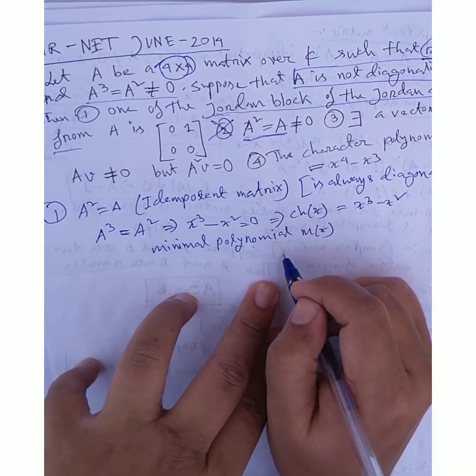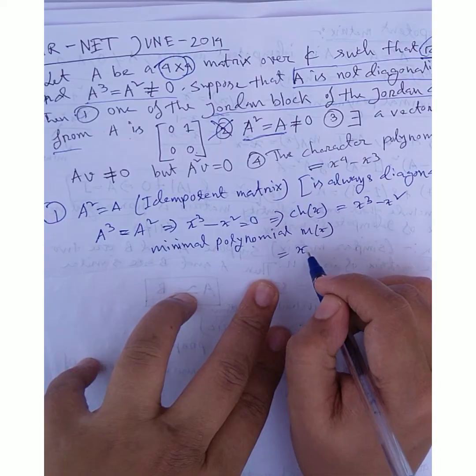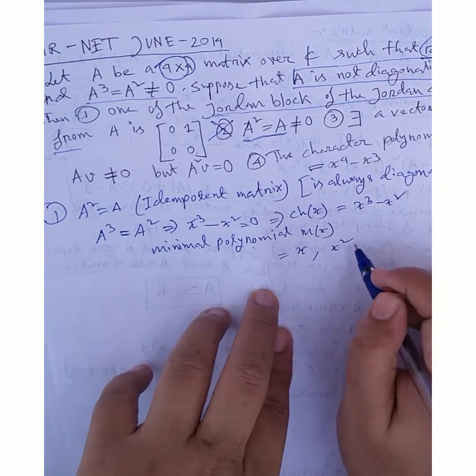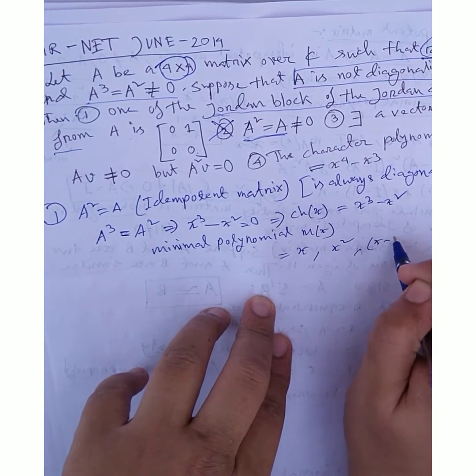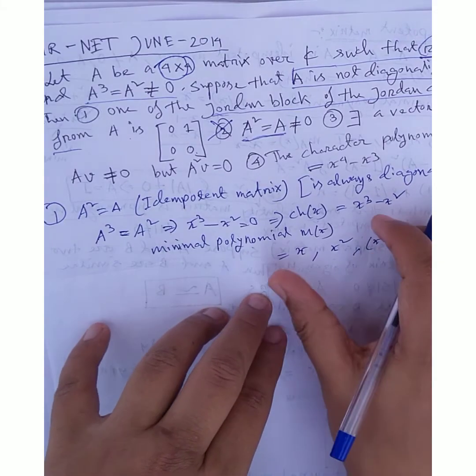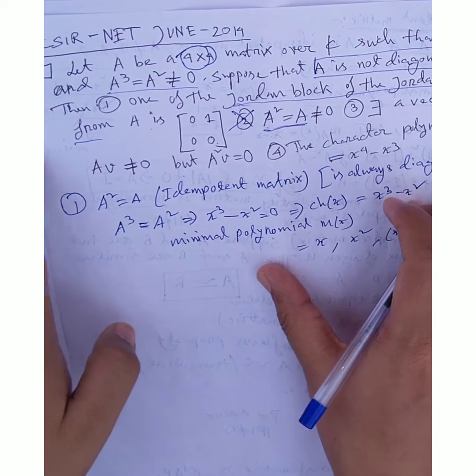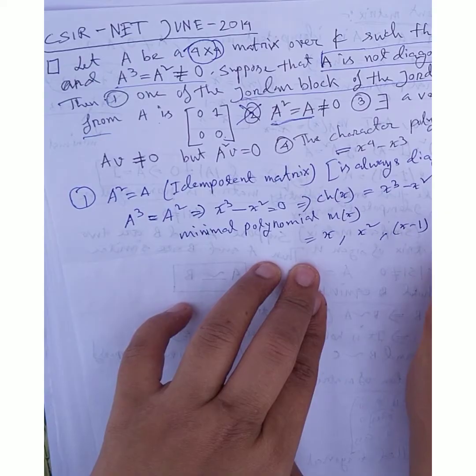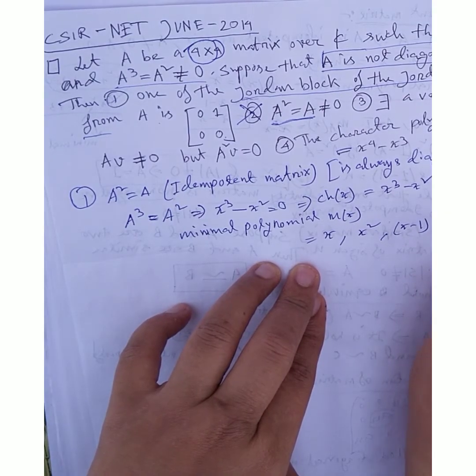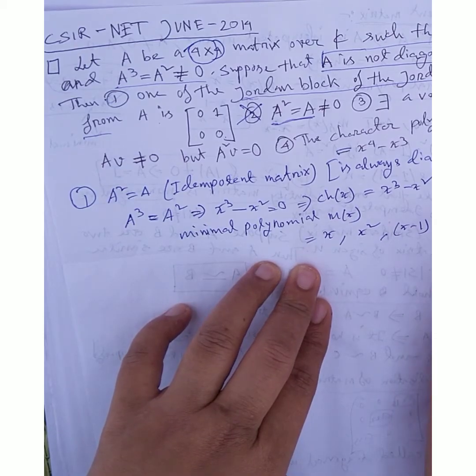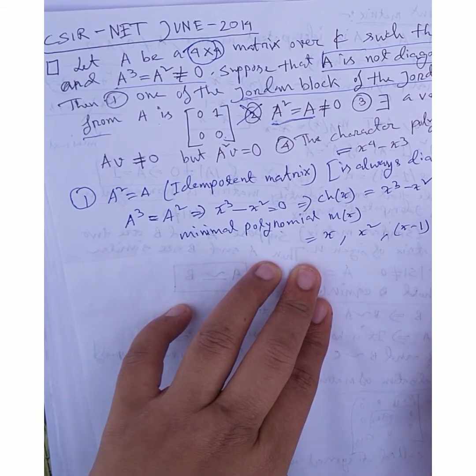The possible minimal polynomials: number 1, x square into x minus 1; another is x into x minus 1; and another is x square into x minus 1. This is the possible minimal polynomial.